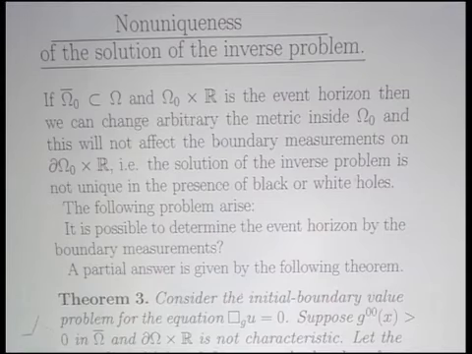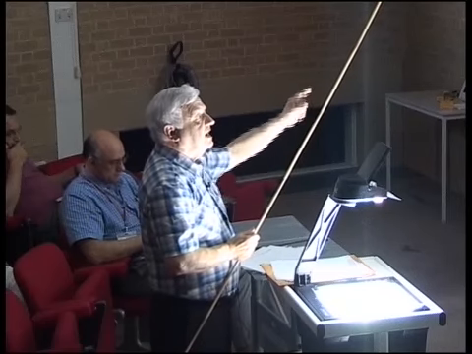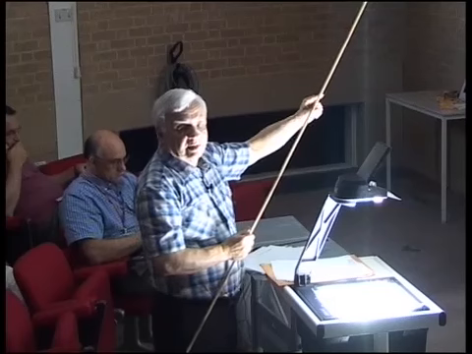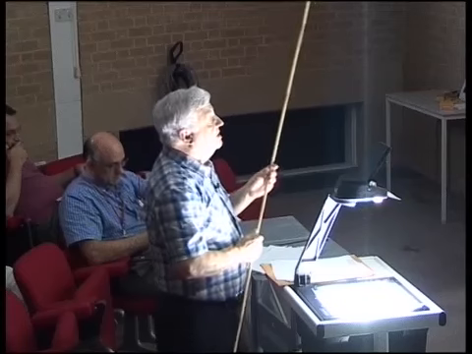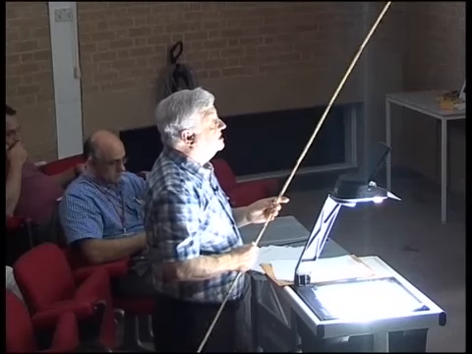So this is a good example of non-uniqueness of the inverse problem. You cannot control anything inside, but can you find the boundary of the black or white hole? Can you find the event horizon? This is still an open question.